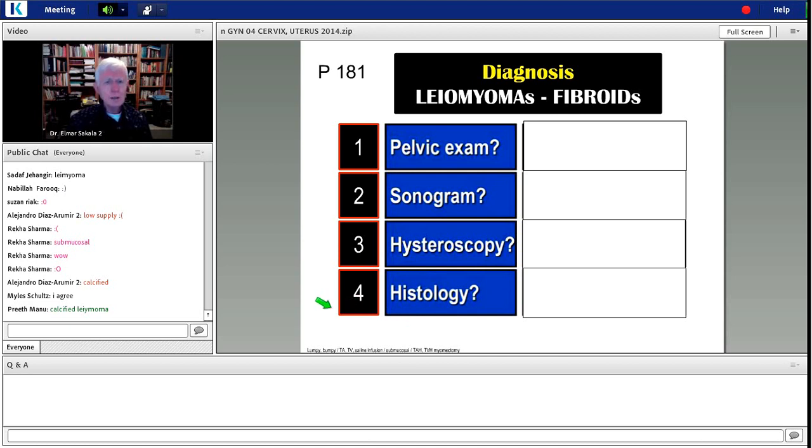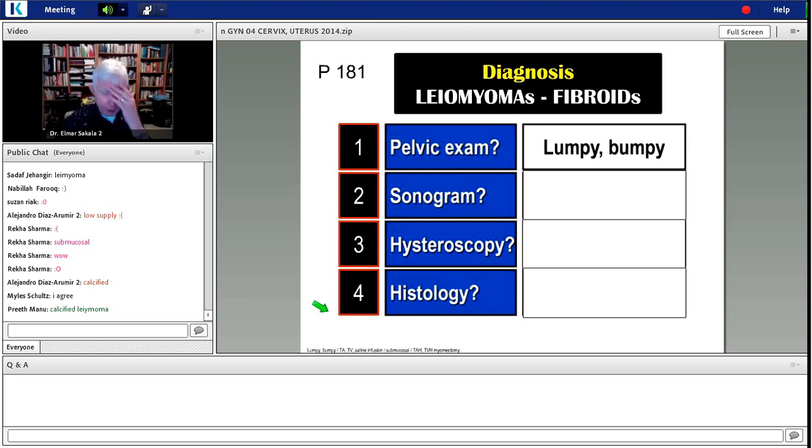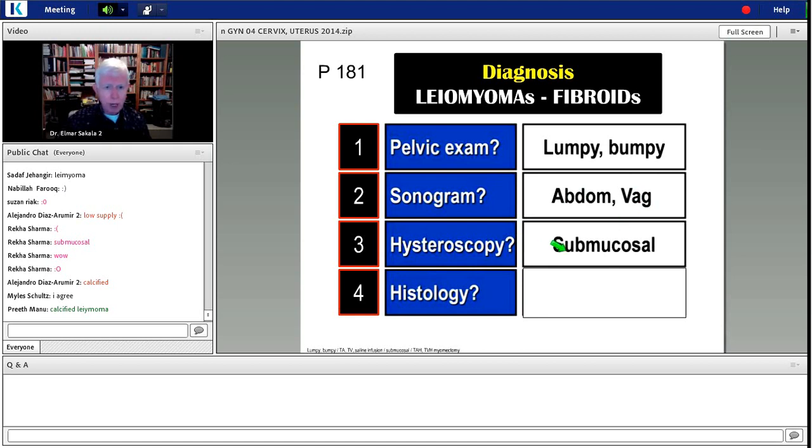All right, the diagnosis of leiomyomas. On pelvic exam, lumpy bumpy. That would be typical of what you would find with a subserosal. Now, a sonogram, you can do an abdominal sonogram, you can do a vaginal sonogram, depending on the size and the location of the leiomyomas. Hysteroscopy would be best to look at and to resect a submucosal leiomyoma.